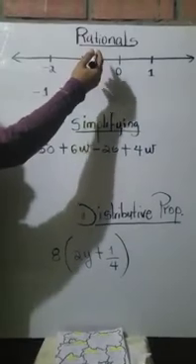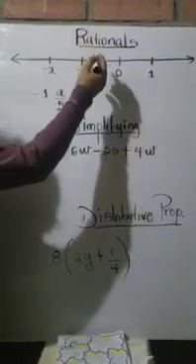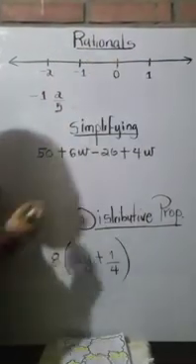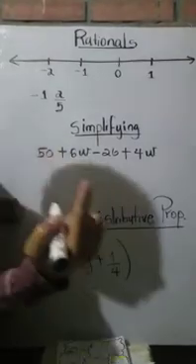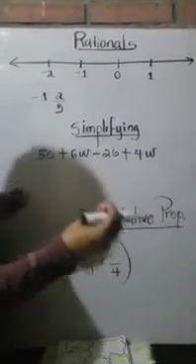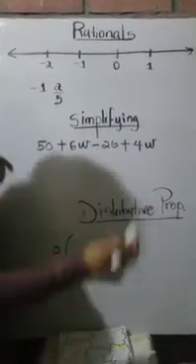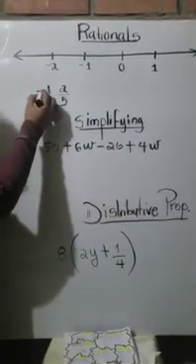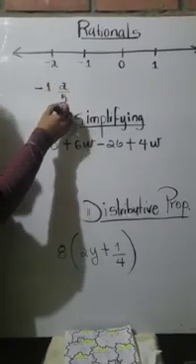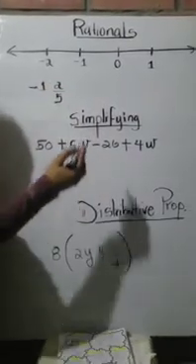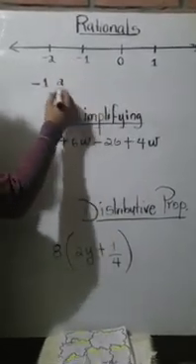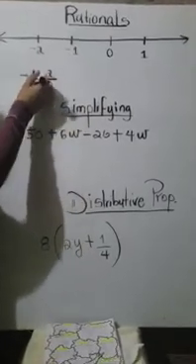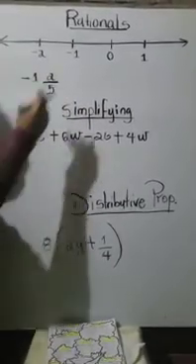The first exercise at the top of the tree was rationals. The first exercise was about how to graph a rational number. Here you have negative 1 and 2/5. The first thing we have to do is to check if the number is negative.